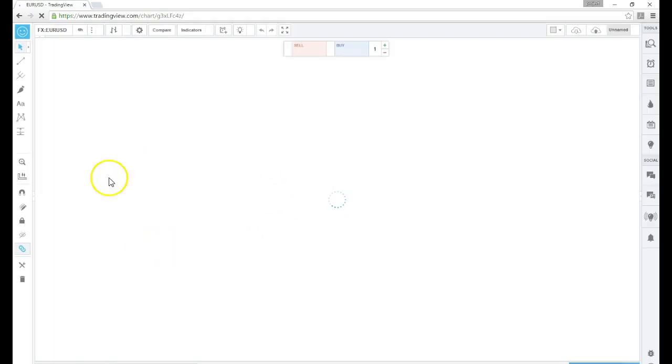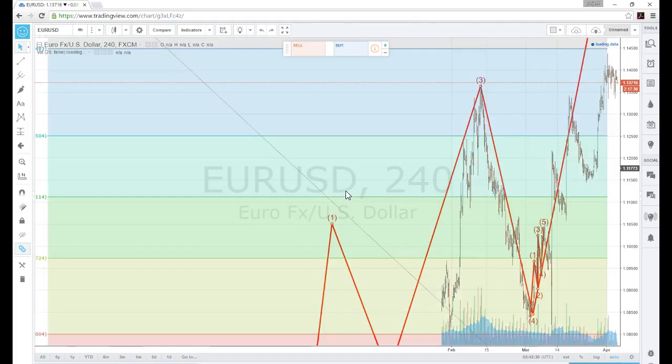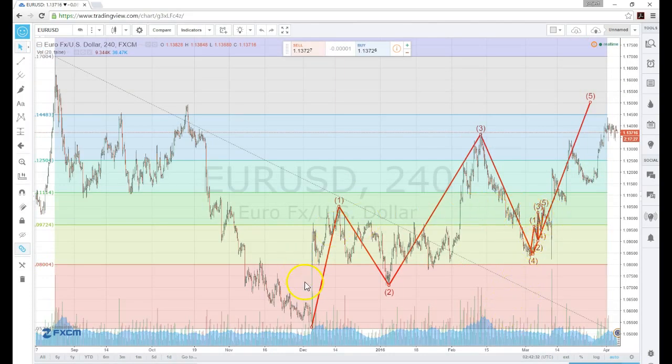Oh. Jeez, take a long time to load. Cool. Plus, it's got my work from. Nice. It's got my work from last class, actually. Dang. That's some good stuff right there.